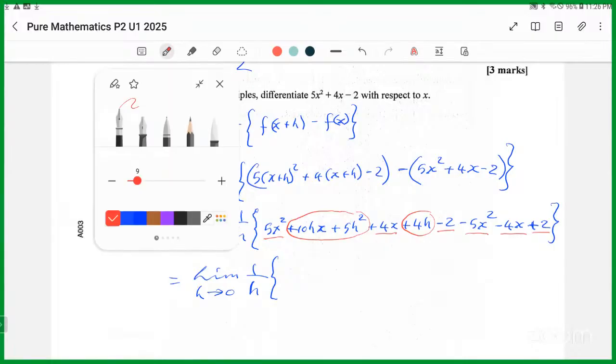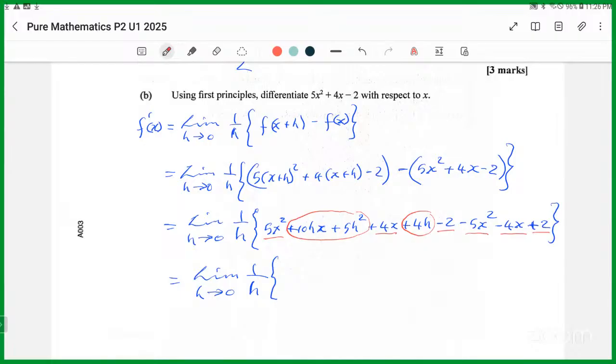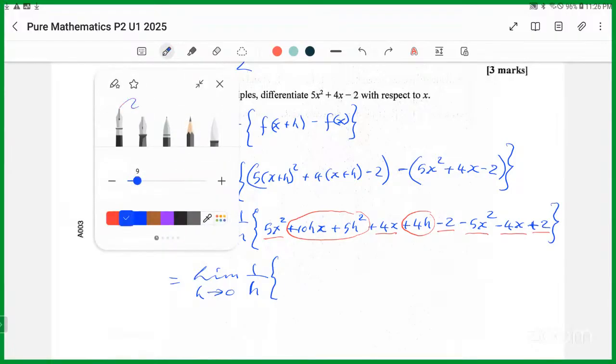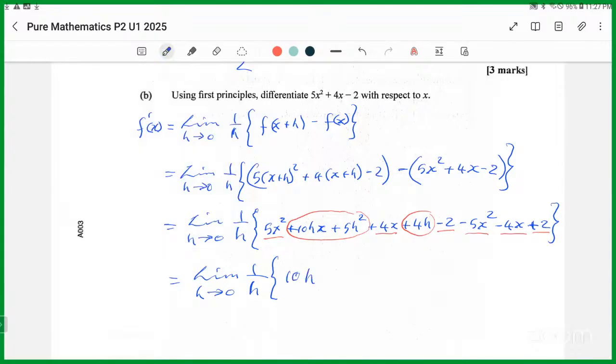I'm going to do the math: 10hx plus 5h squared plus 4h.